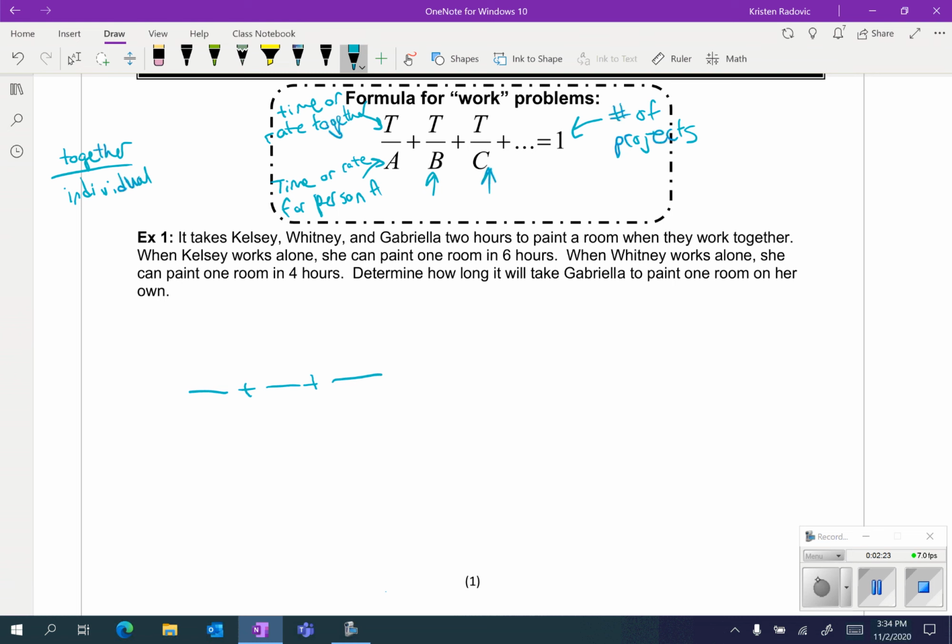So let's actually see how that's going to work in the example. We're talking about how long it takes for Gabriella to paint one room on her own. So in this case, your x value, we're going to let x equal the number of hours for Gabriella to paint one room on her own.